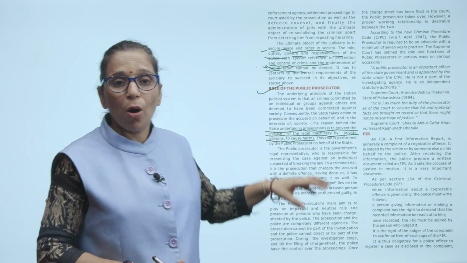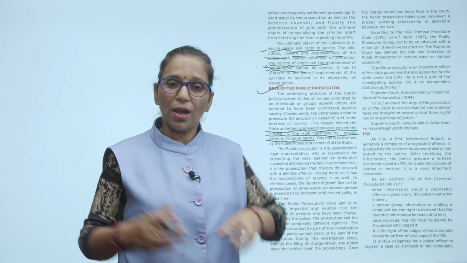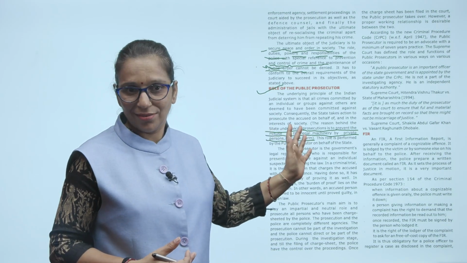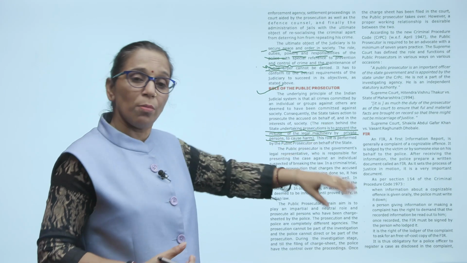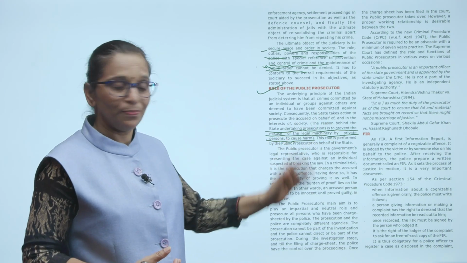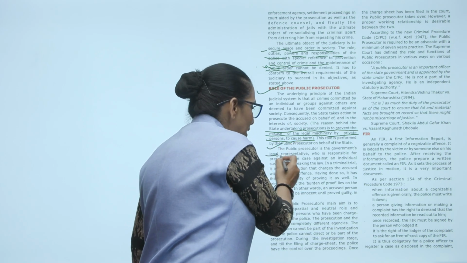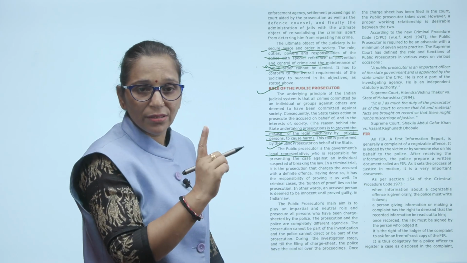This role is performed by the public prosecutor on behalf of the state. Means the public prosecutor is from the side of the government. It is not a private lawyer. It is from the side of the state. Now the public prosecutor is the government's legal representative. I have told you it is not private.